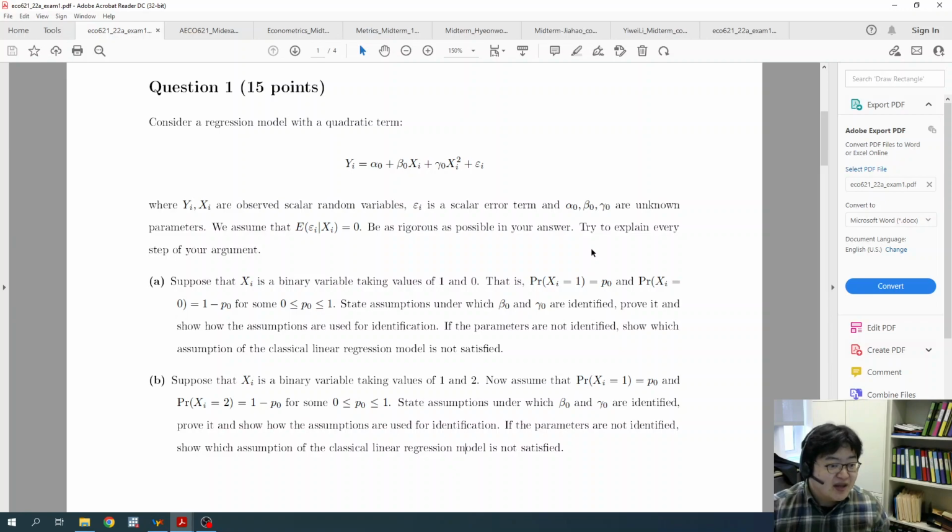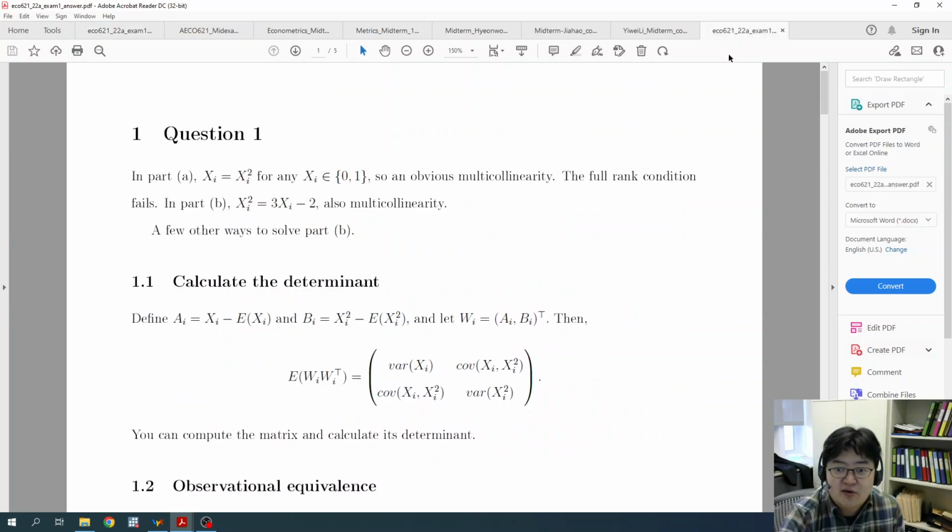Then if one of them is identified but the other is not, something is not going right. You have the same data, and the only difference is you are using different labels for different answers. If suddenly your model is identified, then something is not going right. So that's the basic intuition.